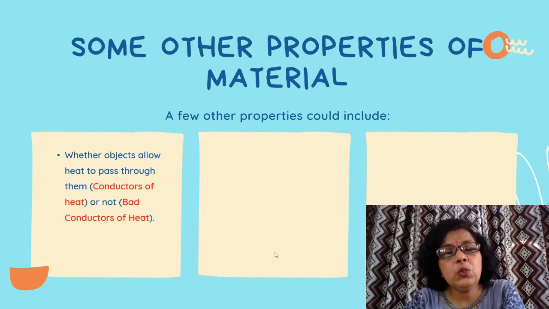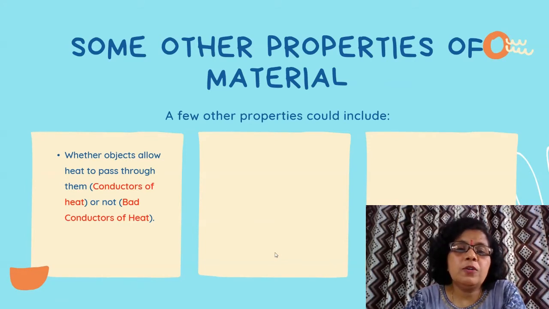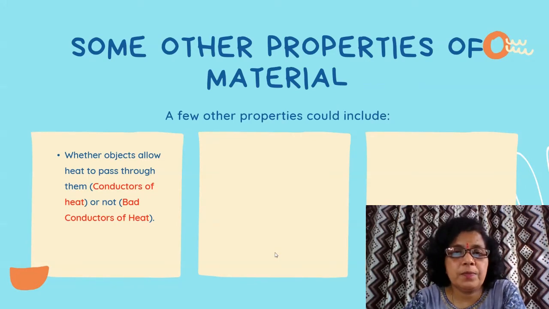That's why they are used for making cooking utensils. If we make them out of rubber or some other material, we cannot cook food. And all the materials like wood, plastic, rubber are bad conductors of heat, as they don't allow heat to pass through them.